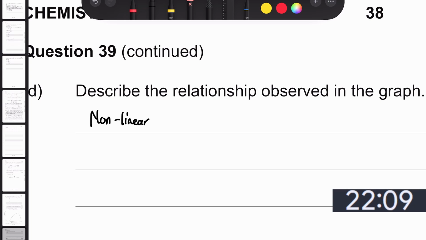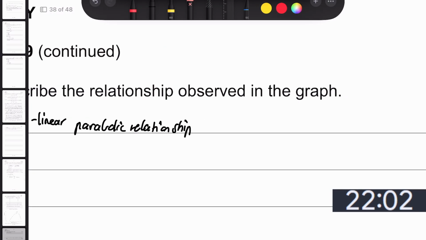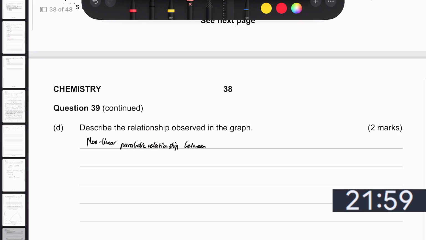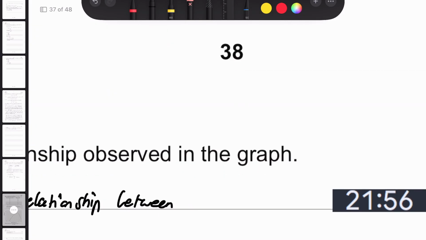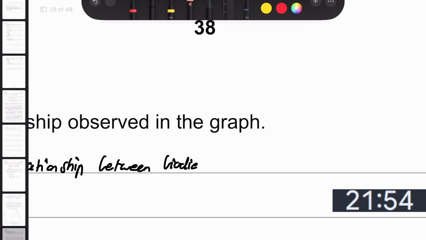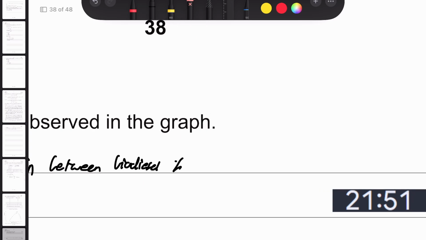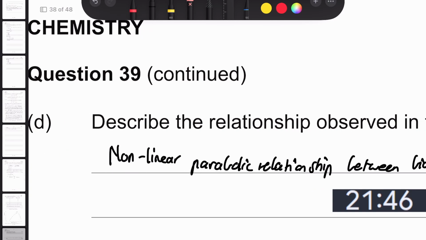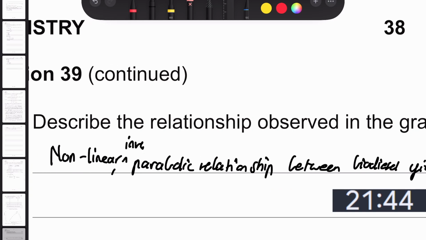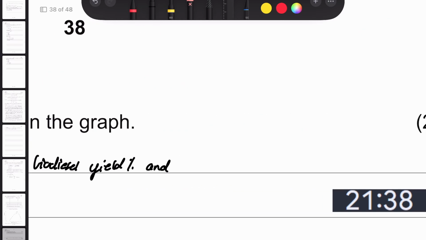Non-linear parabolic relationship between biodiesel yield percent and reaction system temp.